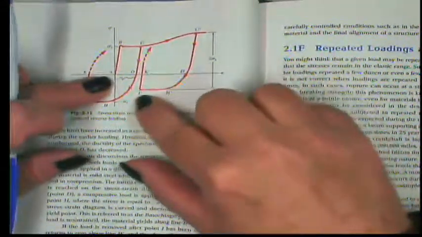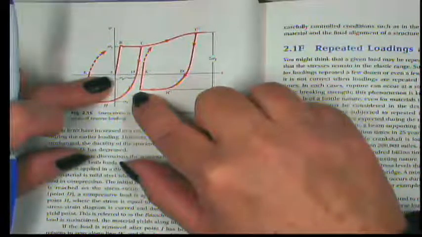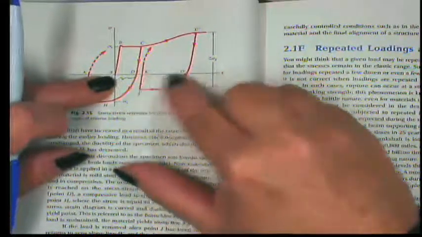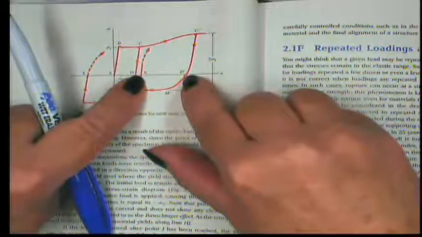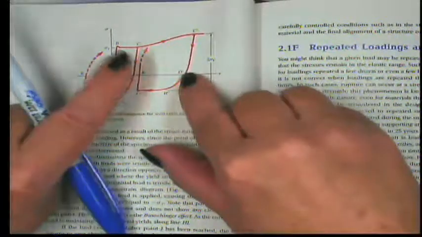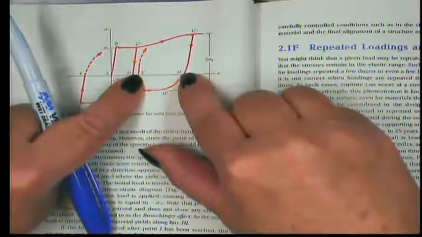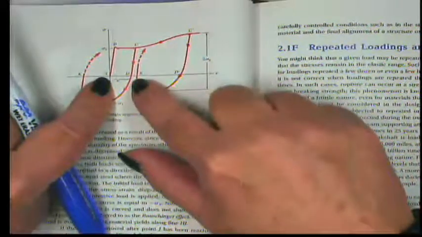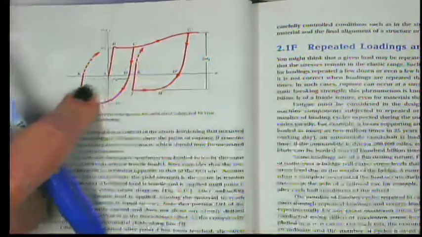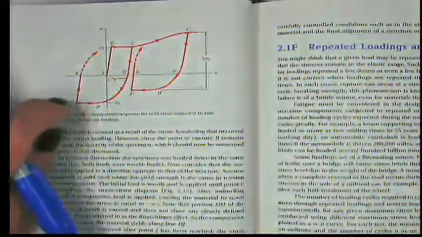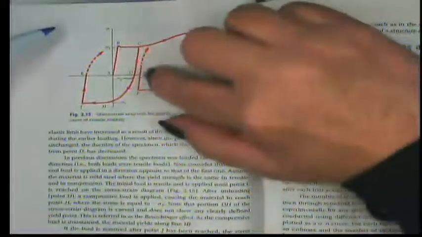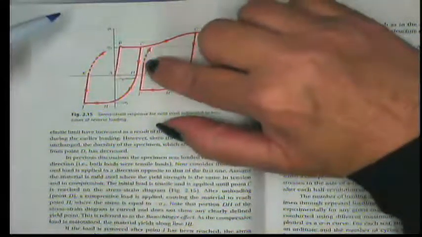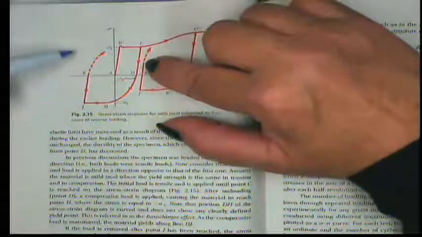But because that material was altered structurally, we still have a permanent set, but now it's different. So this is the difference between the permanent set at 0 before and the permanent set at 0 after we compress it. And you can see neither one of them amounts to 0 in terms of the elongation. And then if we add sigma back in, it just fails. It just turns into string and fails.